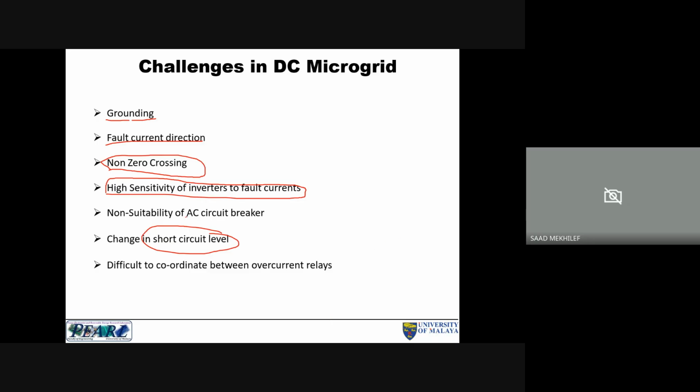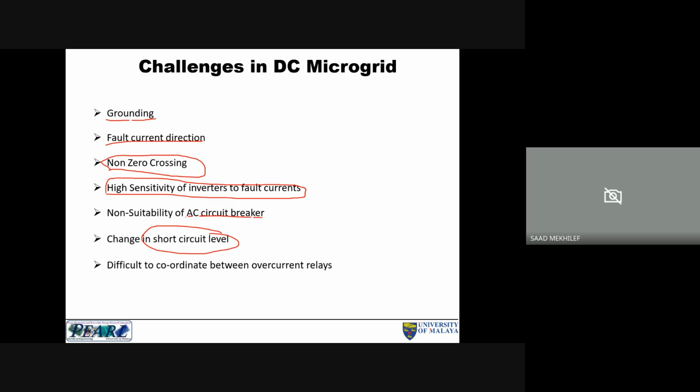Also, sometimes it's the wrong use of AC breakers in DC microgrids. This is an issue, and that's why, as I mentioned before, for DC systems we need to use DC cables, DC fuses, DC circuit breakers, DC switches, DC connectors, everything.